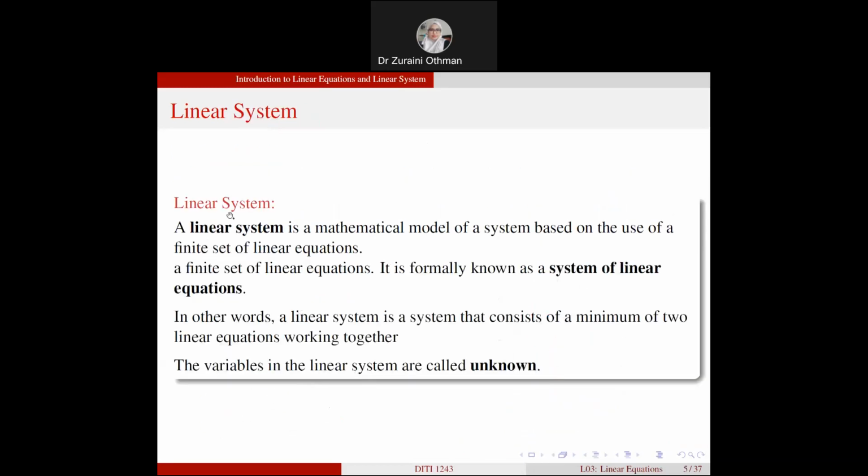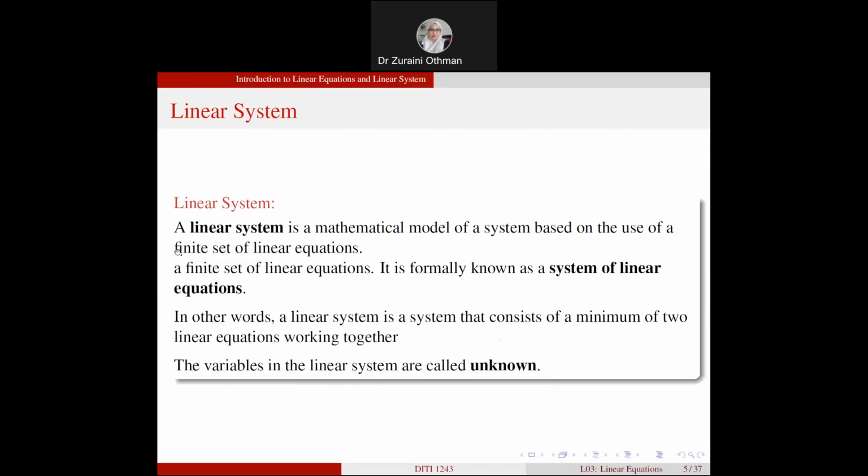Then the linear system is a mathematical model of a system based on the use of a finite set of linear equations, meaning that it has many linear equations which are finite, not infinite.